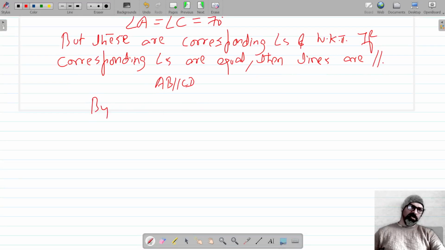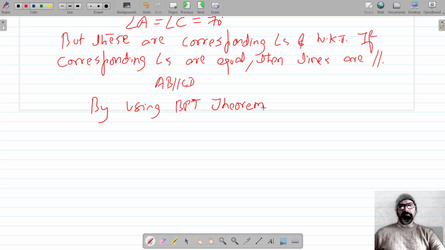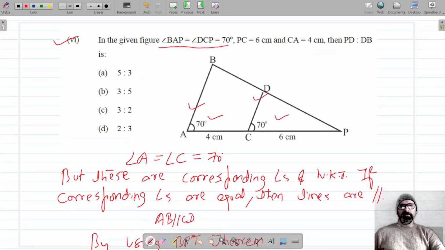The basic proportionality theorem says that if a line is drawn parallel to one side of a triangle to intersect the other two sides in two distinct points, then it divides the other two sides of the triangle in the same ratio.